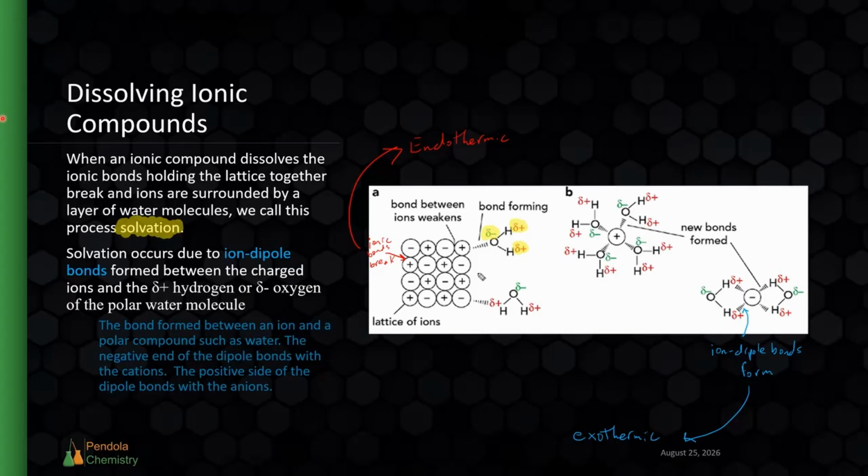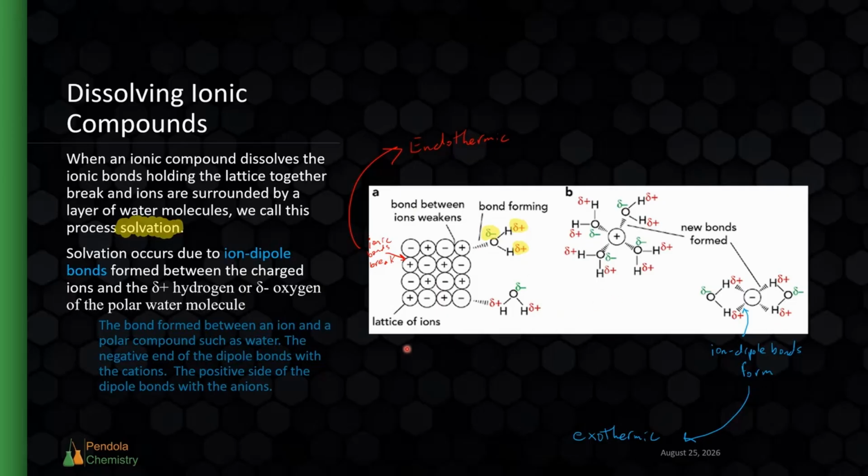You have the breaking of the ionic bonds in the lattice, which is an endothermic process, and then the water molecules that are doing the dissolving of the ionic compound are going to form ion-dipole bonds between the polar molecules of water and the ions, which is an exothermic process because we're creating a force of attraction. So if we look at this, we have an endothermic process to begin with, and then an exothermic process to end it.